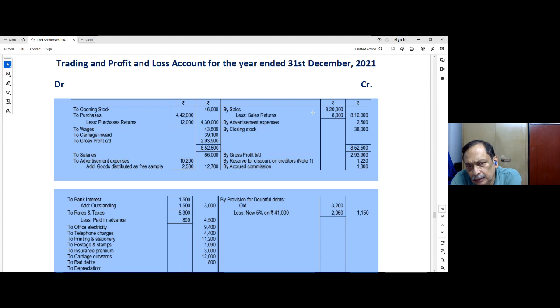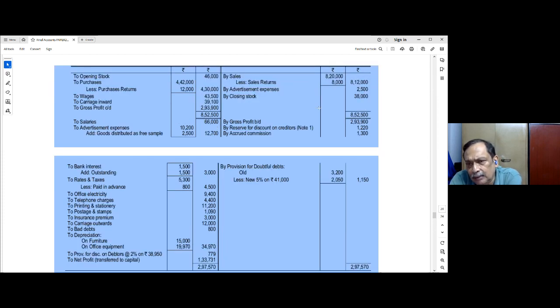Then credited by reserve for discount on creditors. I'll show you in note 1. Then accrued commission. Then by provision for doubtful debts, old minus new reserves.